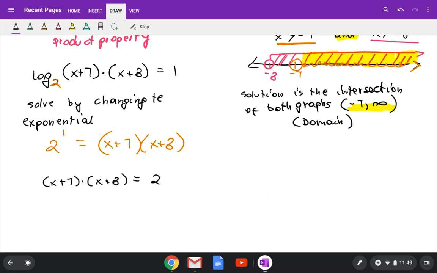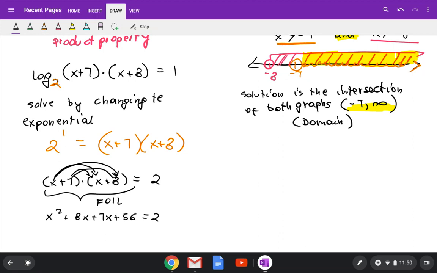So I changed the logarithmic equation to exponential since they are inverses, okay? So this is equivalent. So now here we need to FOIL. So we have x times x, which is x squared, x times 8, 8x, 7 times x is 7x, 7 times 8, we're getting 56, equal to 2.